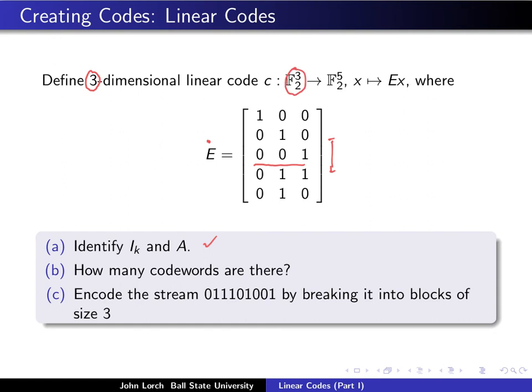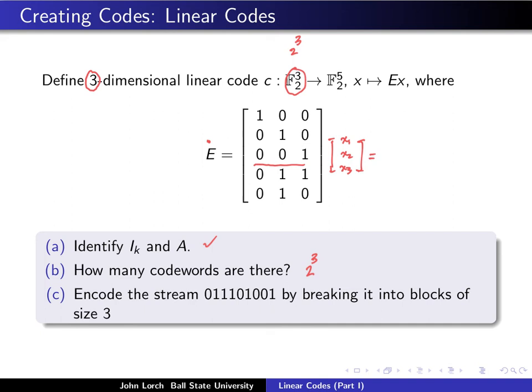So I would multiply E by some string x1, x2, x3. And how many of those strings are there? Well, there are 2 cubed of them. And so there should be 2 cubed code words, one for each of the strings in the natural alphabet F2^3.